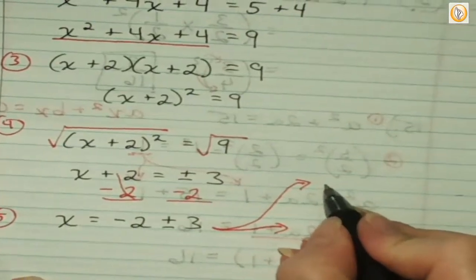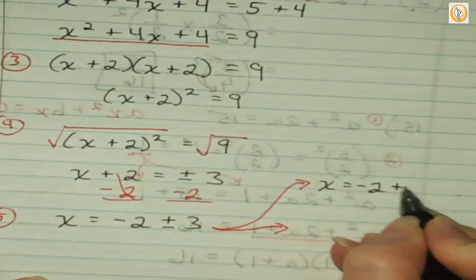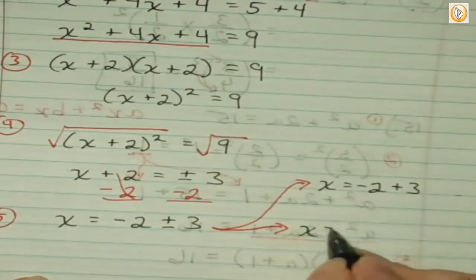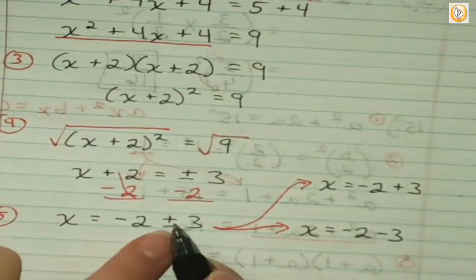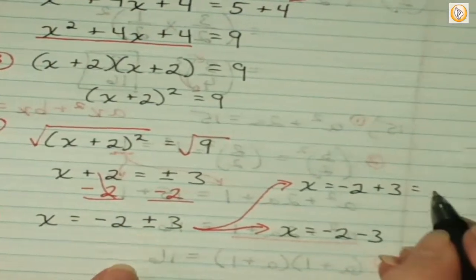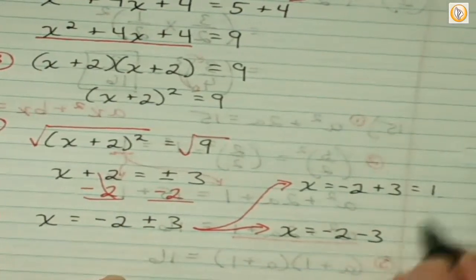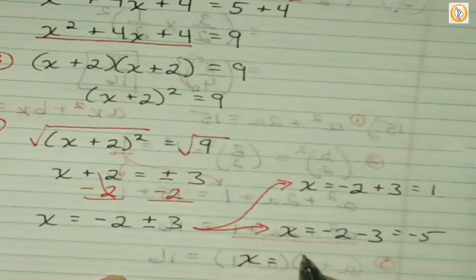And I have what on the top arrow? Negative 2 plus 3. And down here, negative 2 minus 3. This one I get 1, and this one I get negative 5. So then the answer is x equals 1 and negative 5.